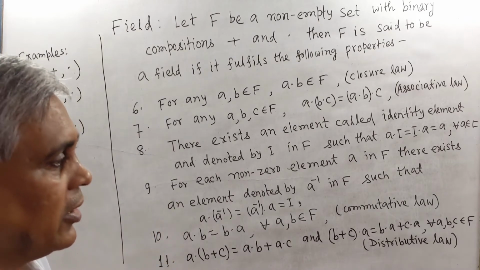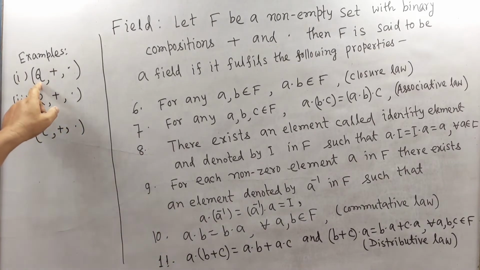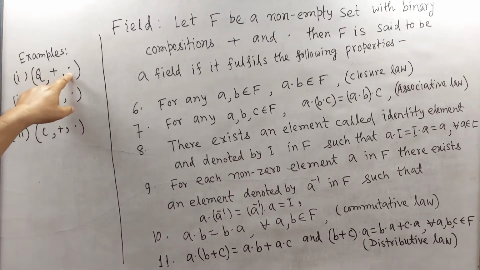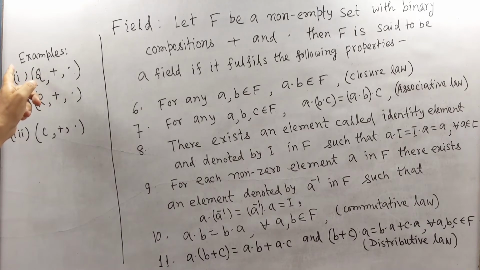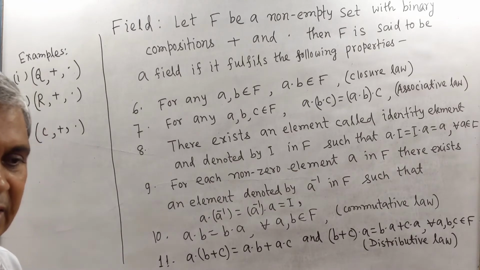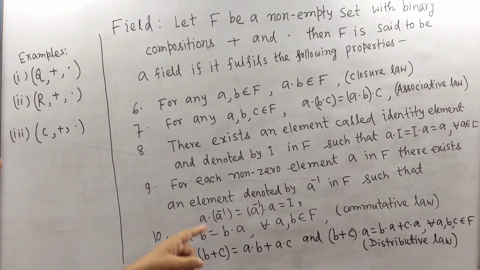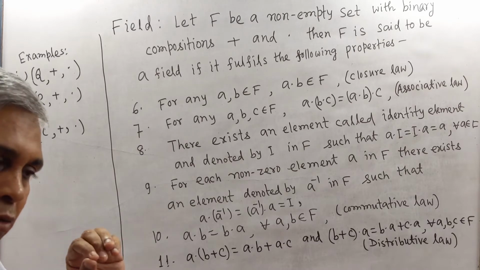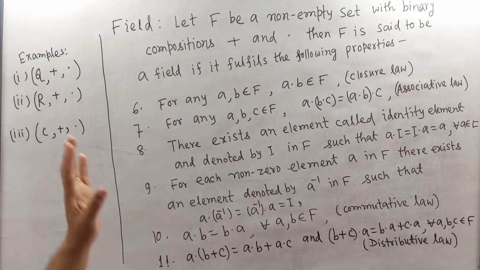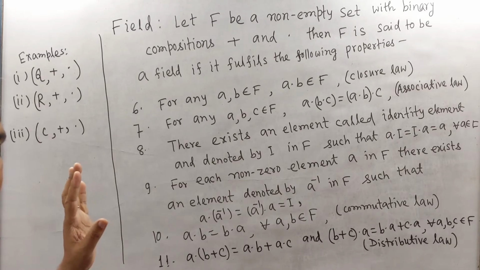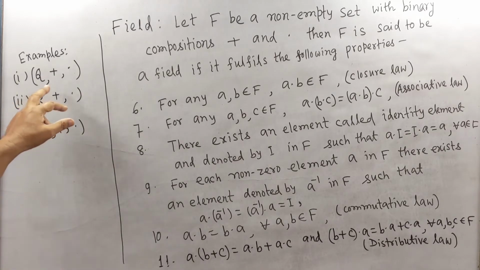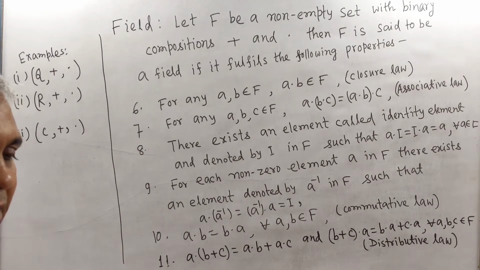For example, Q, the set of rational numbers with binary compositions addition and multiplication, is a field. As 0 belongs to Q, 0 is a rational number, but we have already described that all those non-zero elements of Q possess a multiplicative inverse.